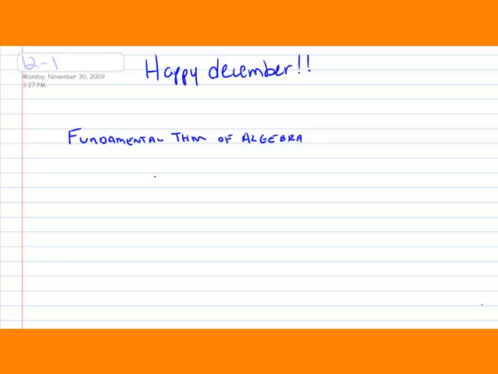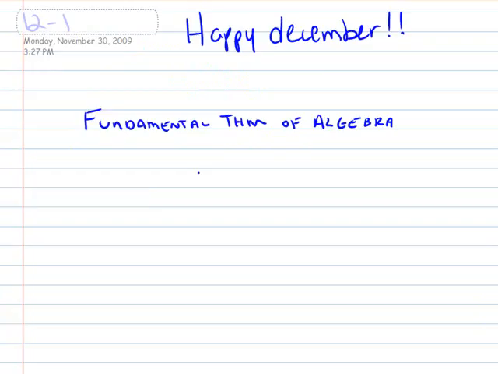Okay, so what we're going to take on next is the fundamental theorem of algebra, and that's not going to be too taxing on us. But by the name, they call it the fundamental theorem. You can guess that it's pretty much a big deal, and it is.